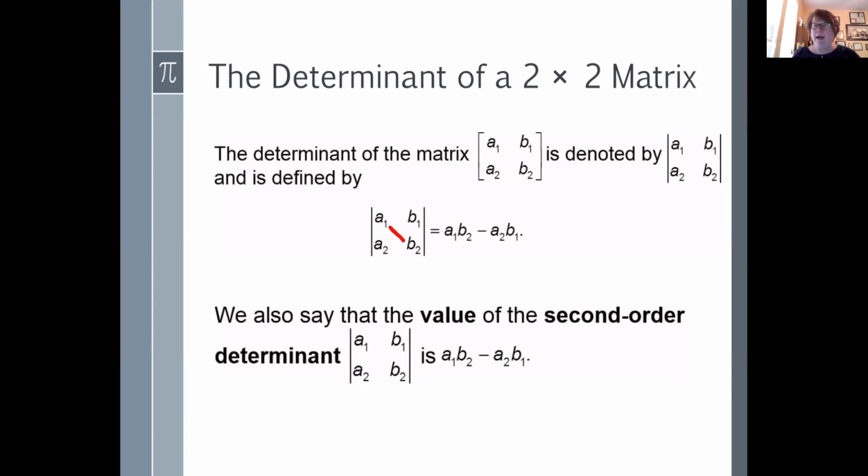So you're going to subtract from A1 B2 the product A2 times B1. And that is the determinant of that 2 by 2 matrix. So we say that the value of the second order determinant A1, B1, A2, B2 is A1 times B2, subtract from that A2 times B1.